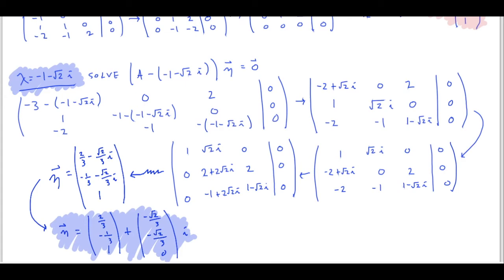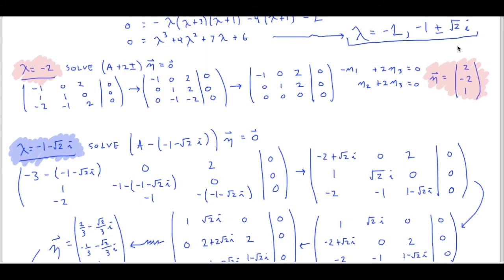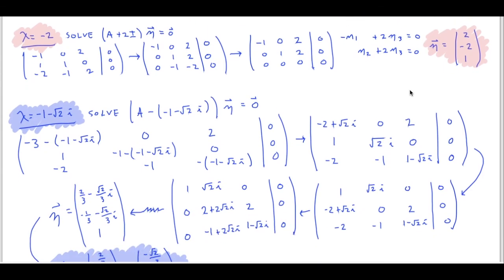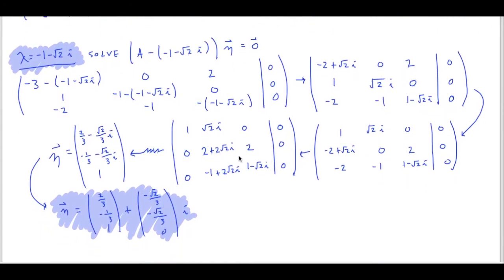I believe I've got all of the necessary ingredients. I've got the eigenvector associated with the one real eigenvalue. And then, as we've seen recently, once I've found one eigenvector associated with a complex value, I know that the other eigenvector associated with the other eigenvalue will simply be the conjugate.